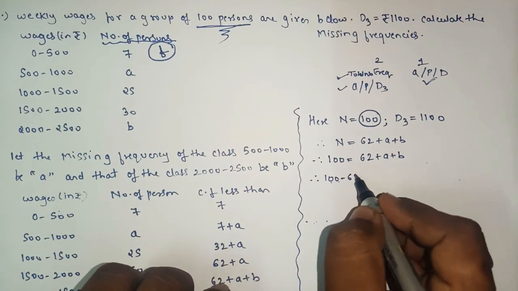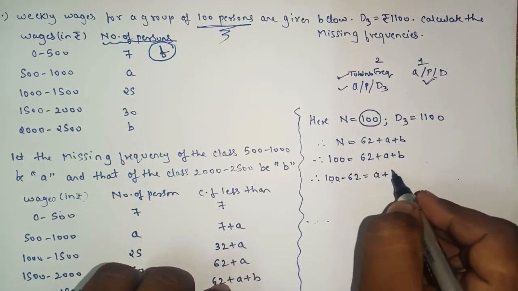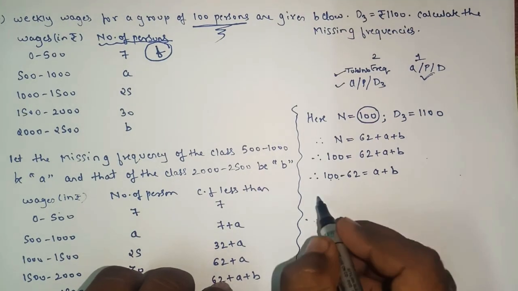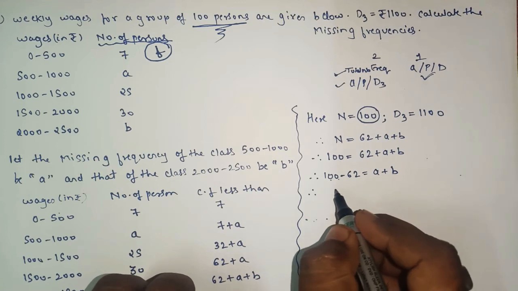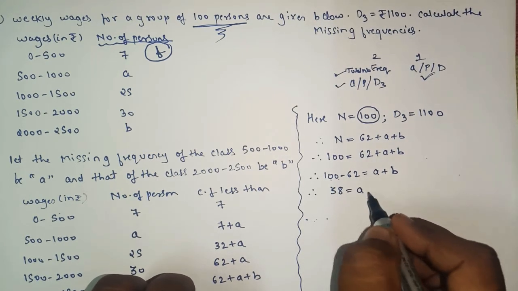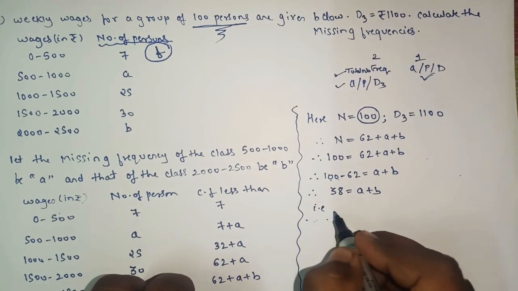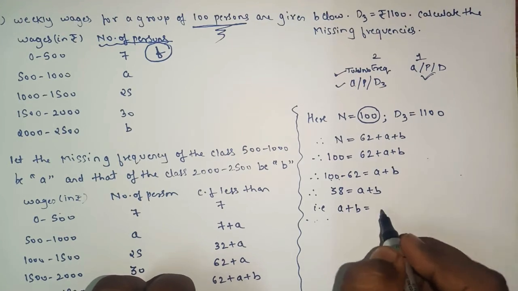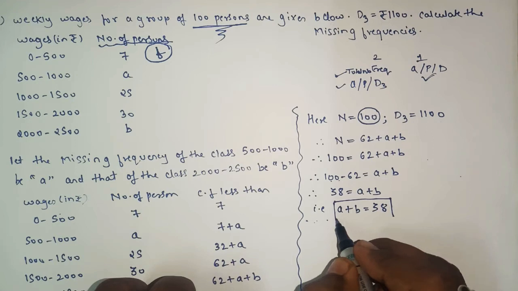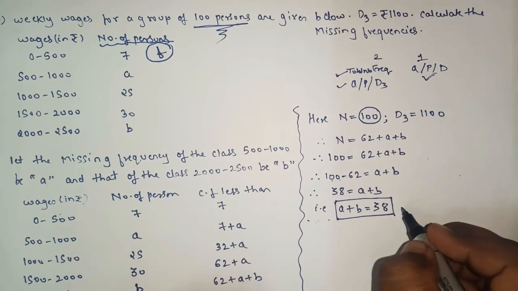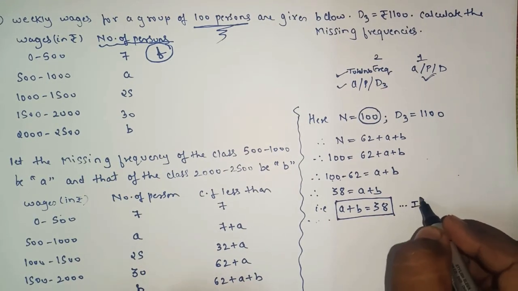So 100 minus 62 equals A plus B. So 100 minus 62, you will get 38 equals A plus B. That is, we can write this as A plus B equals 38. We'll keep this equation in a box and we'll call it equation number 1.